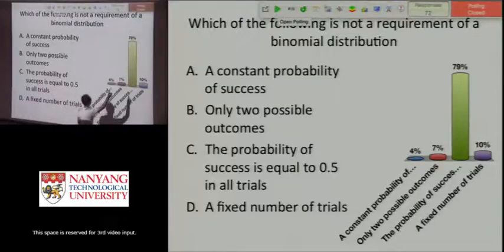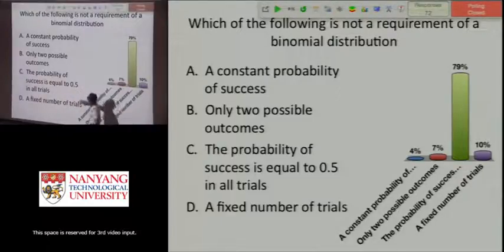The answer is C. C is not a requirement. So the successful probability could be any value between 0 and 1. So in our example, we chose the successful probability as 0.4. And for a baby, that is 0.488, right?